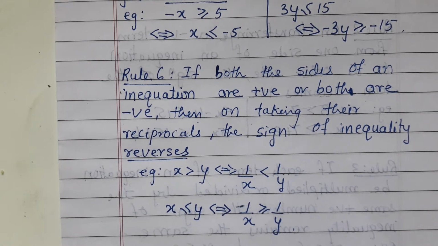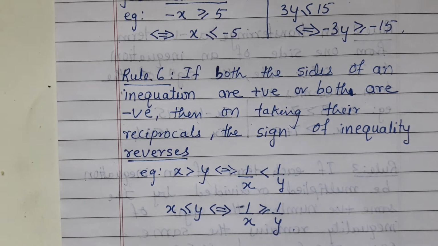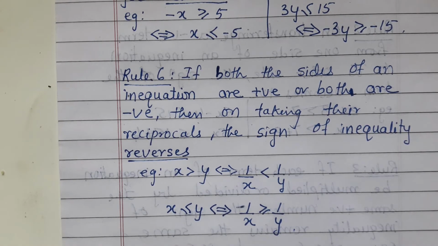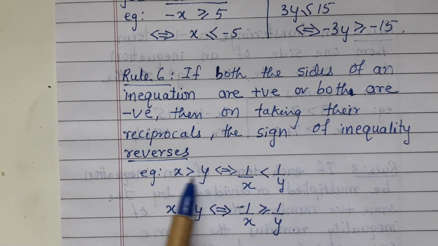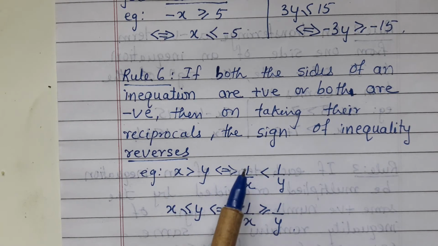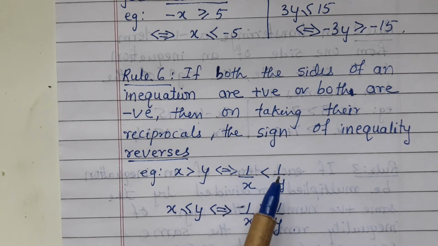Rule 6. If both sides of an inequation are positive or both are negative, then on taking their reciprocals, the sign of inequality reverses. Take an example, x > y. When you take the reciprocal, it will become 1/x < 1/y.